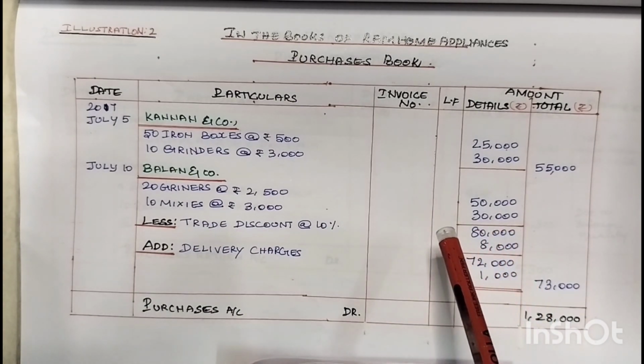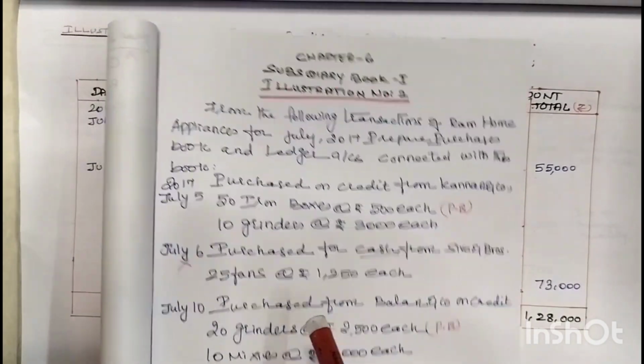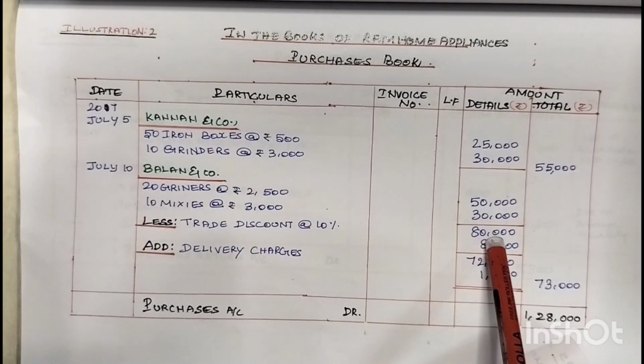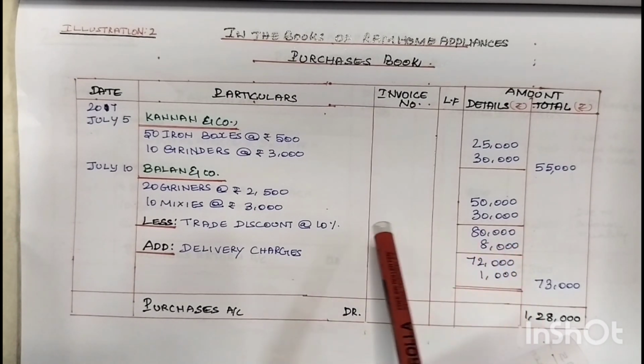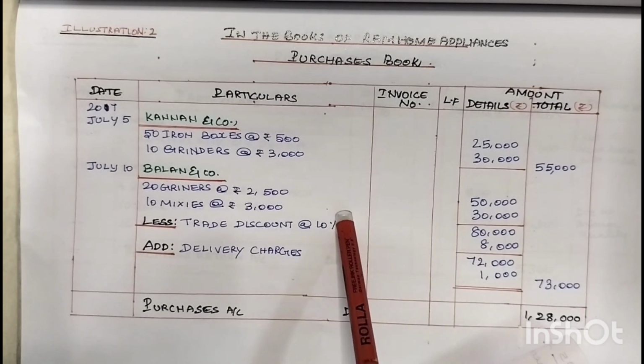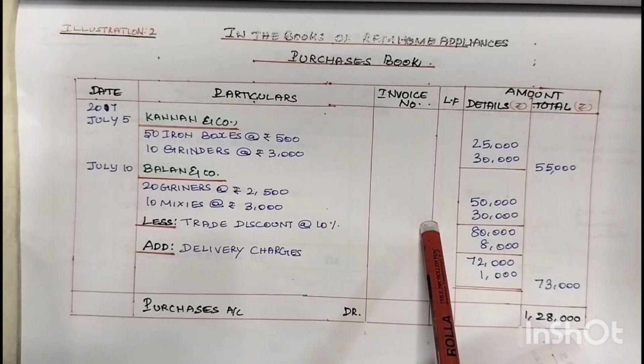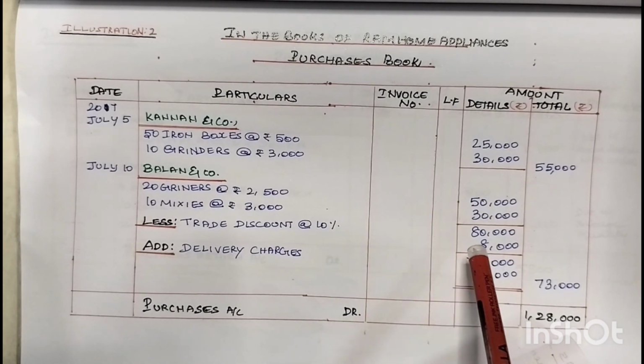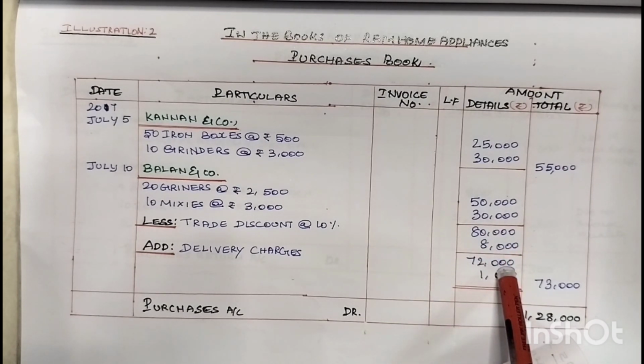Then we have the trade discount of 10%. We have to subtract that 10% discount from the total value. How do we calculate this value? We have to take 80,000 into 10% discount, which means 10 by 100. You get 8,000 rupees. From the 80,000 you have to deduct that 8,000 rupees. You got 72,000 rupees.